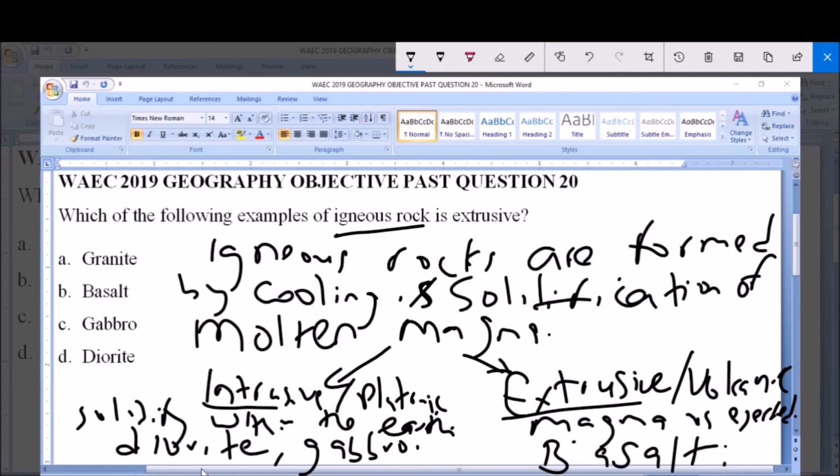So we've mentioned diorite and gabbro, which are option D and C respectively, as intrusive, so they can't be the answer. And granite is also not an example of an extrusive igneous rock. We mentioned basalt as the major example of an extrusive igneous rock. So the correct answer is B, basalt.